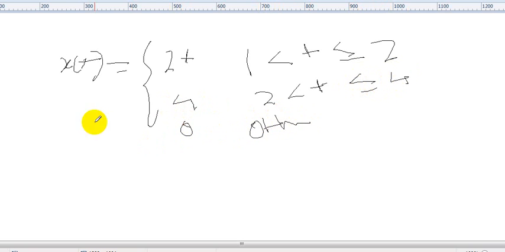If this is x(t), and we want to find x of minus t, then we will replace all t with minus t.